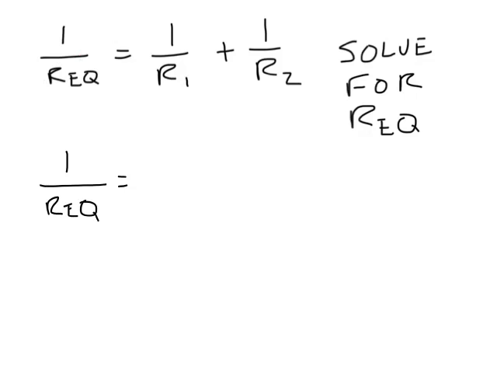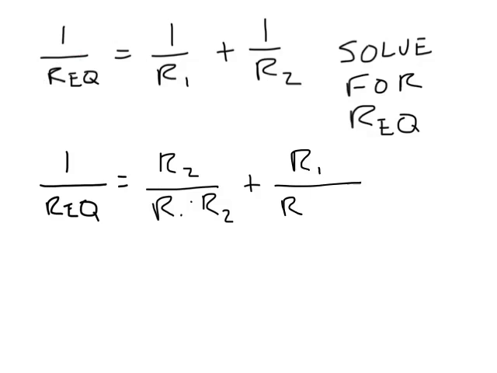Get a common denominator here for these two fractions so I can combine them. So I'm going to multiply these both by 1, but I'm going to multiply this one by 1 in the form of R2 over R2. So, not breaking any algebra rules. Multiplying by 1, R2 over R2 is 1. And I'm going to multiply this fraction here by 1 in the form of R1 over R1. R1 over R1 times R2. And now what we have accomplished is these have the same denominator.